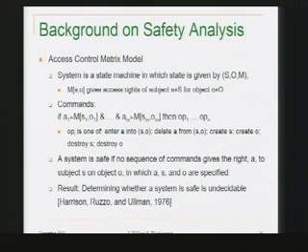And now, in this model, a system such as this is deemed to be safe if there's no sequence of commands that gives a given right A to a particular subject S on object O, where A, S, and O are all given. And Harrison, Ruzzo, and Ullman showed in 1976 that determining whether a system such as this is safe is actually an undecidable problem.